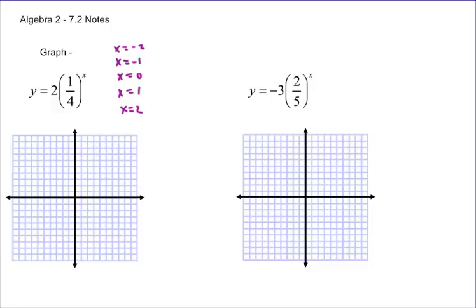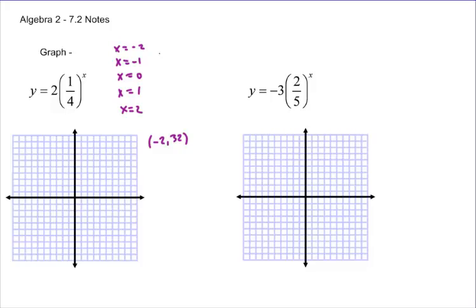When I do that, I'm going to have 2 times 1/4 to the -2, which is 2 times 4 squared, which is 32. So for this one, I've got the point -2, 32.